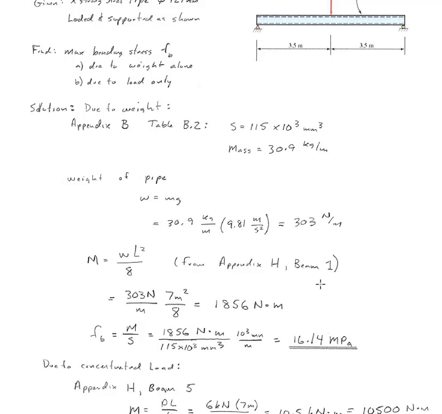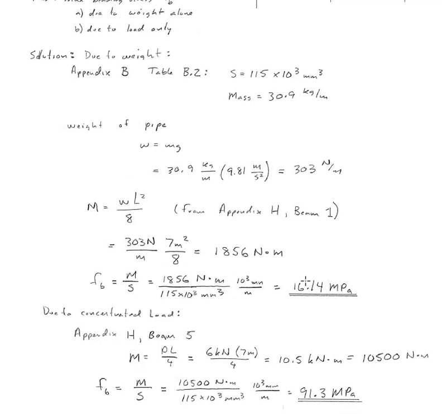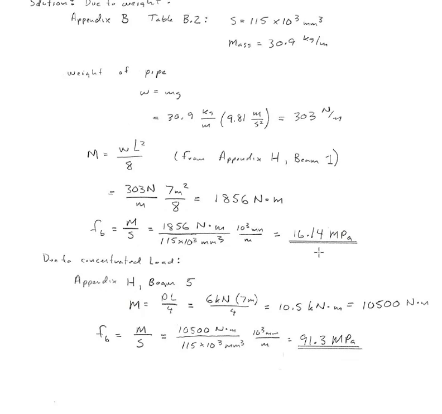Again, this is Appendix H, beam 1. And from that, we get a maximum moment of 1,856 newton-meters, and then calculate what our maximum bending stress is based on the maximum moment divided by the section modulus, which gives us 16.14 MPa.